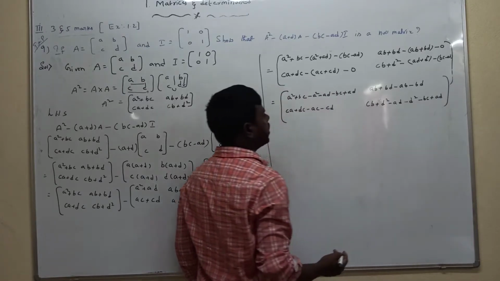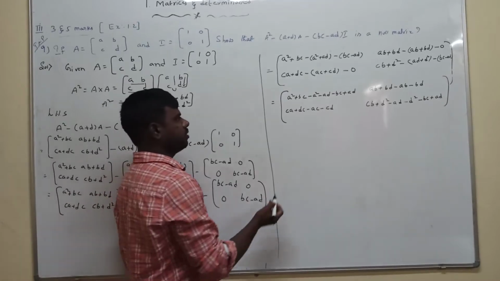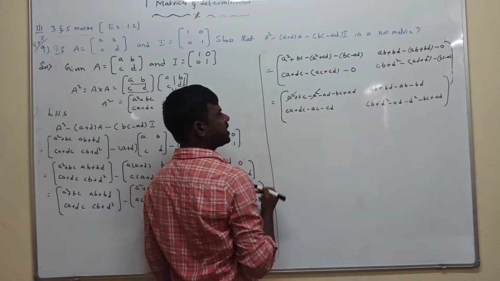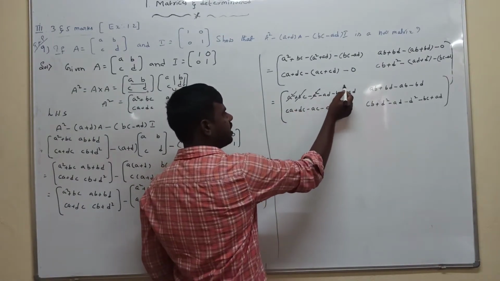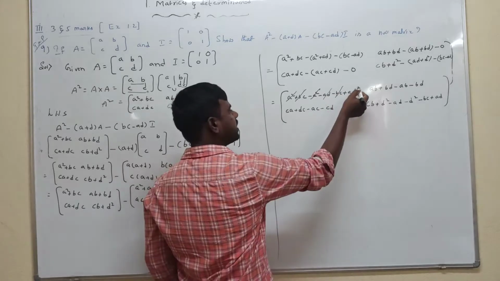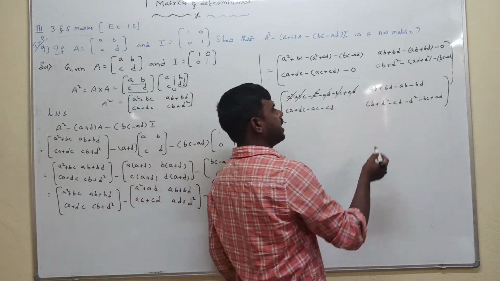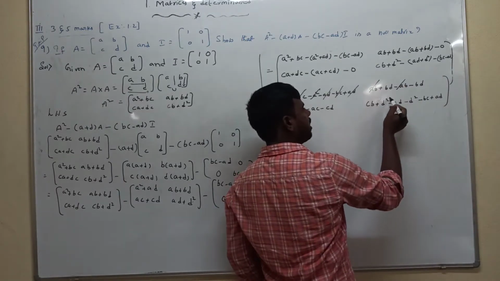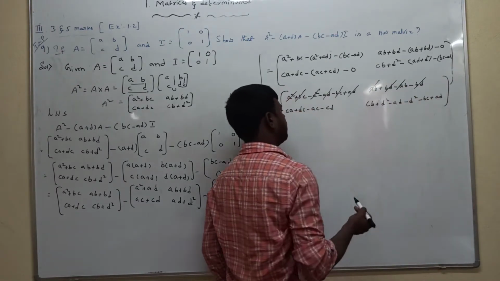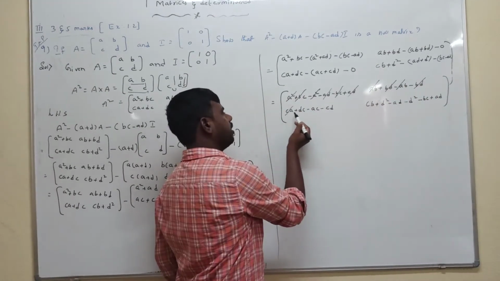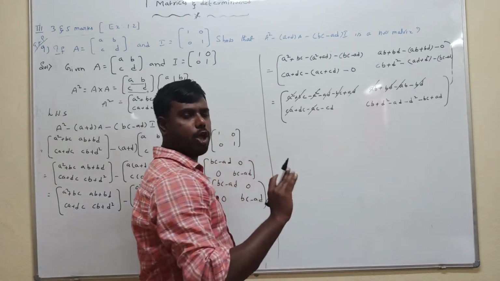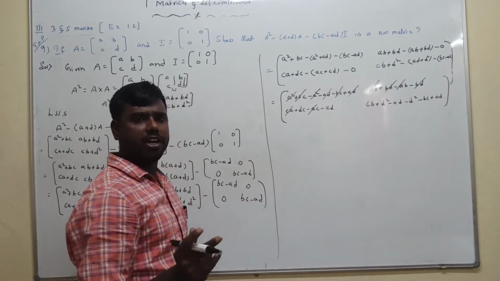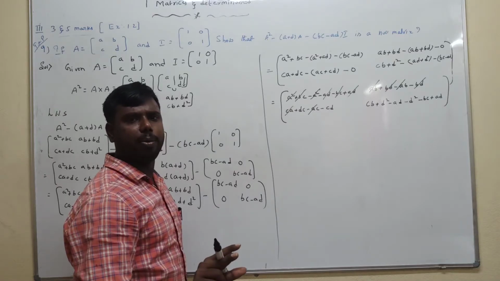Now observe: plus a square minus a square cancels, plus bc minus bc, minus ad plus ad. Next, plus ab minus ab, plus bd minus bd. Now ca minus ac: ca or ac, the places are different but the value will be the same.